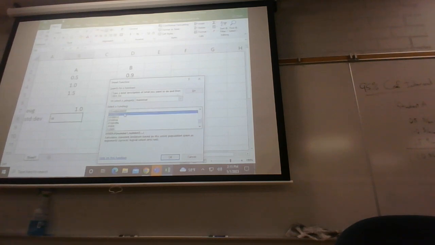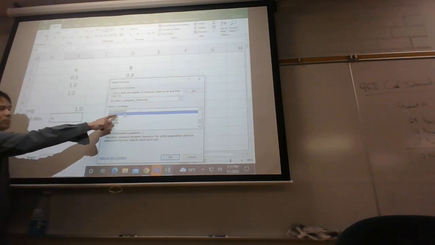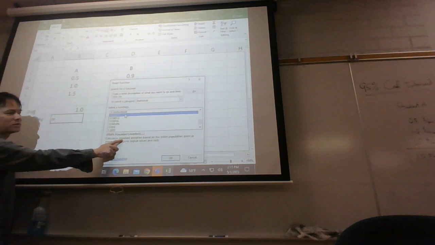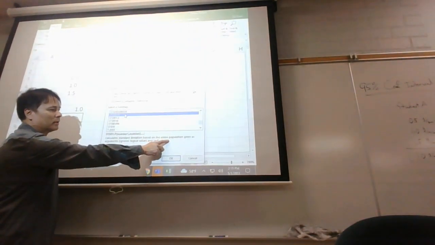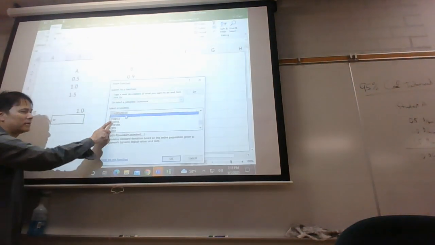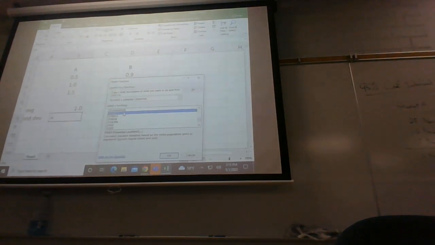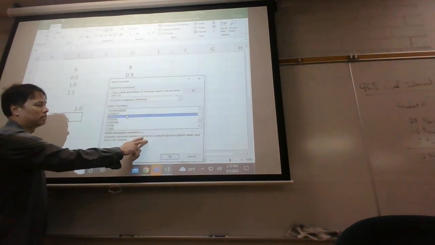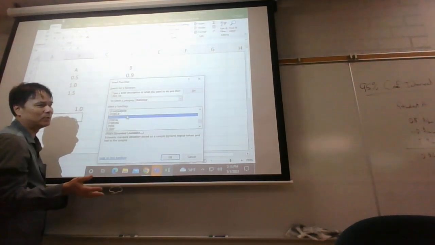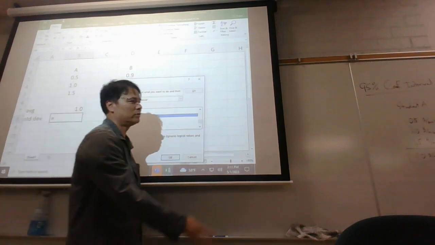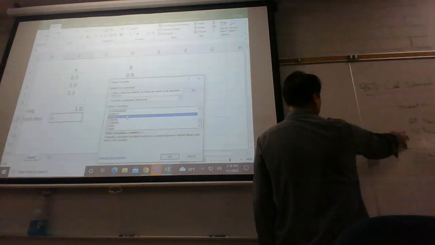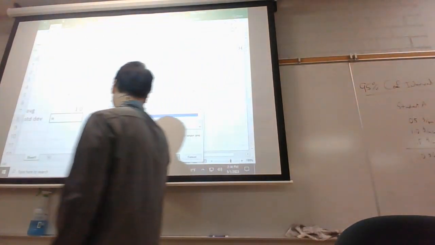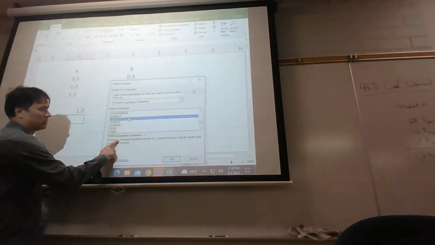When I go to standard deviation, I have several choices. I have standard deviation P, which calculates the standard deviation based on the entire population, given those arguments. I have standard deviation S, which estimates standard deviation based on the sample. Okay, we have a finite sample. We don't have an infinite population. We're only doing 3. We're not doing millions and millions of data here. So we're just going to use the S for sample.